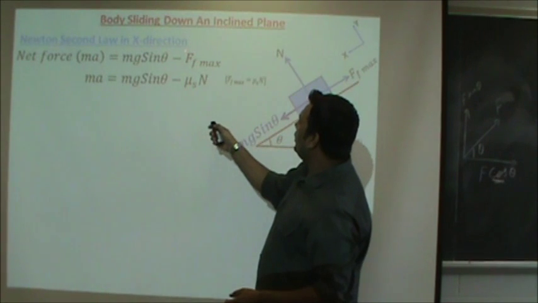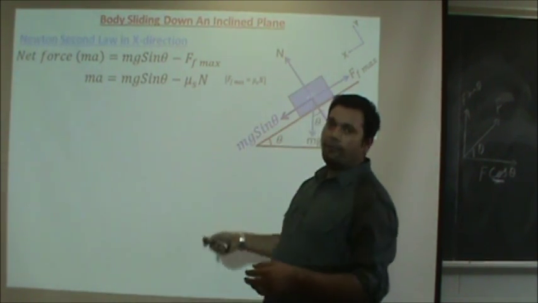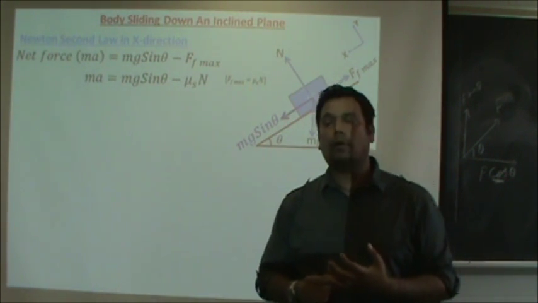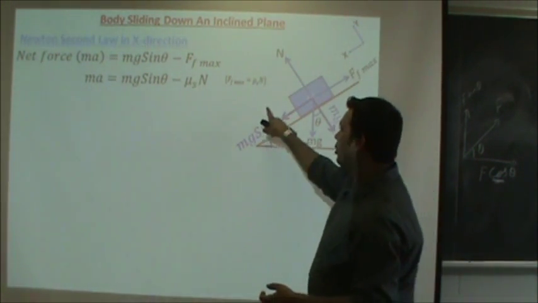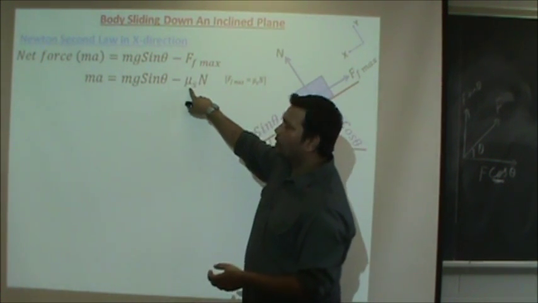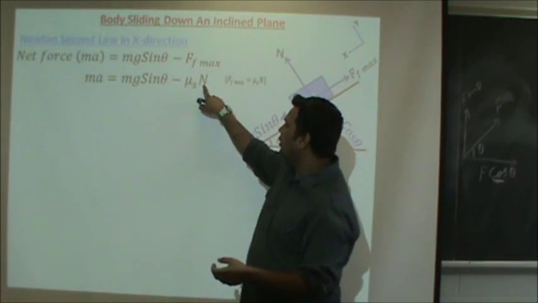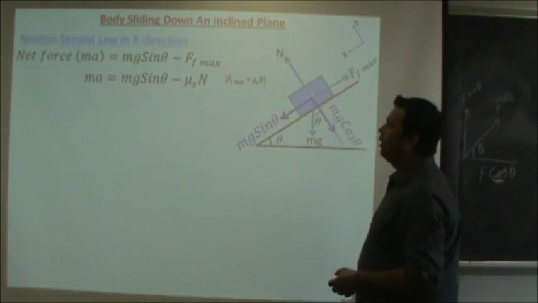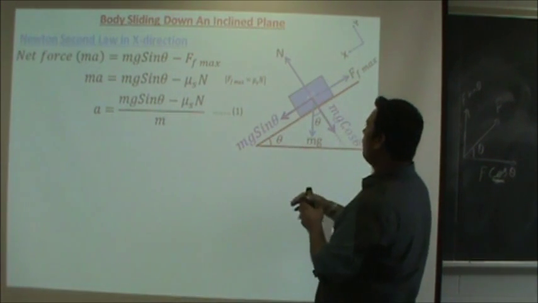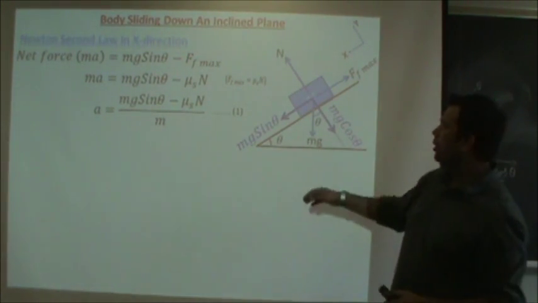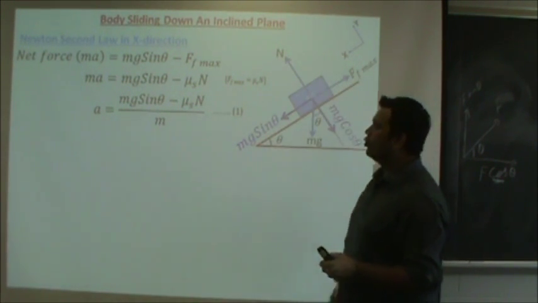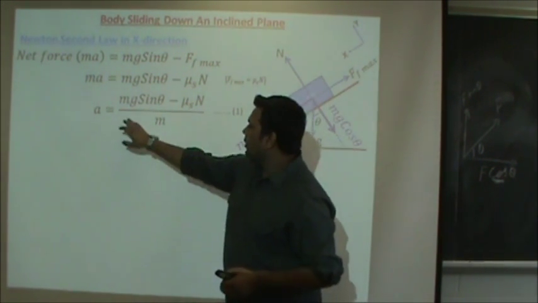Remember, this maximum static friction force is equal to the product of the coefficient of static friction and the normal force. So we know these things, right? So we replace this force with the coefficient of static friction times normal, and we calculate the acceleration, because our target is to find the acceleration when this object is sliding, based on the static friction. So this is the acceleration. Let's say this is our equation 1.